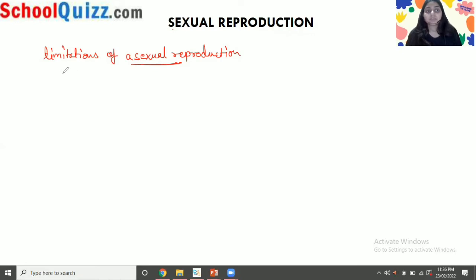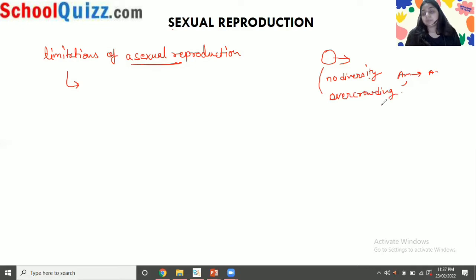There is only a single parent, and from the single parent it reproduces its organisms and increases its population. So there is a lack of diversity, just like amoeba. Amoeba reproduce the same type of amoeba, so there is no diversity, and overcrowding also happens.